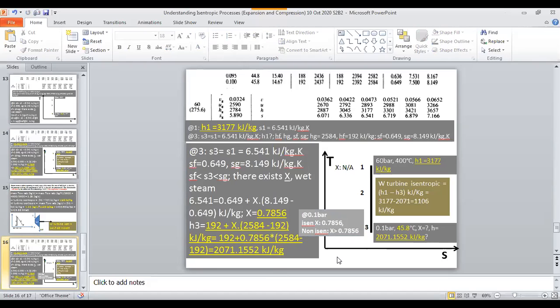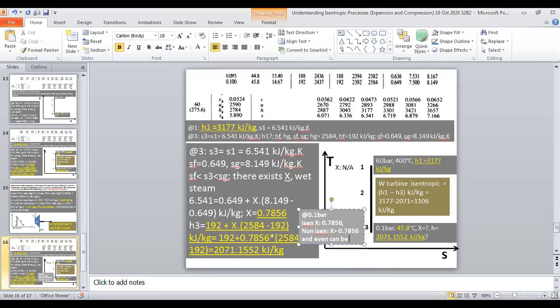Sometimes x is greater than this, and it can even be superheated.